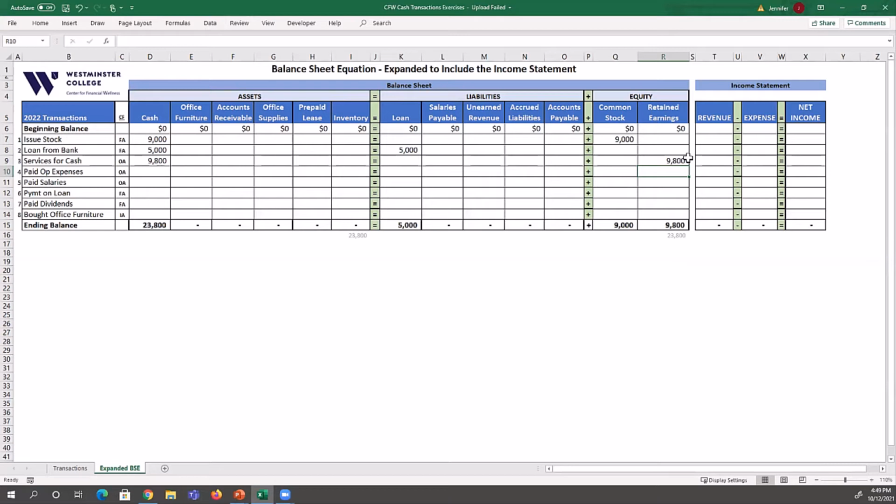Okay, so for this transaction, they provided services that were valued at $9,800. So that is a wealth generating activity. So we said we would put it in revenue for wealth generating activities. Okay, we've got that. So if revenue went up, that means net income, because they're positively related, goes up also. And then our last question is, is net income having the same impact and the same amount as retained earnings? And the answer is yes.